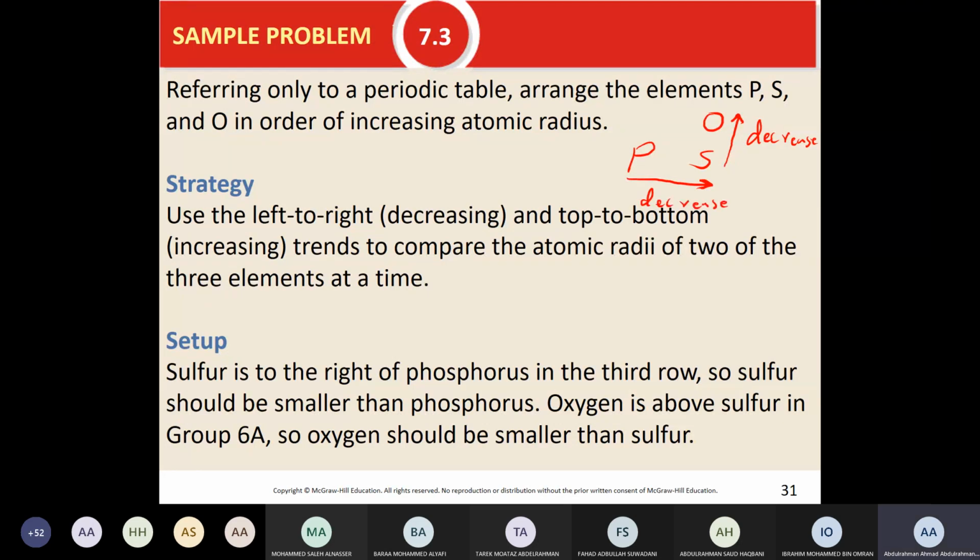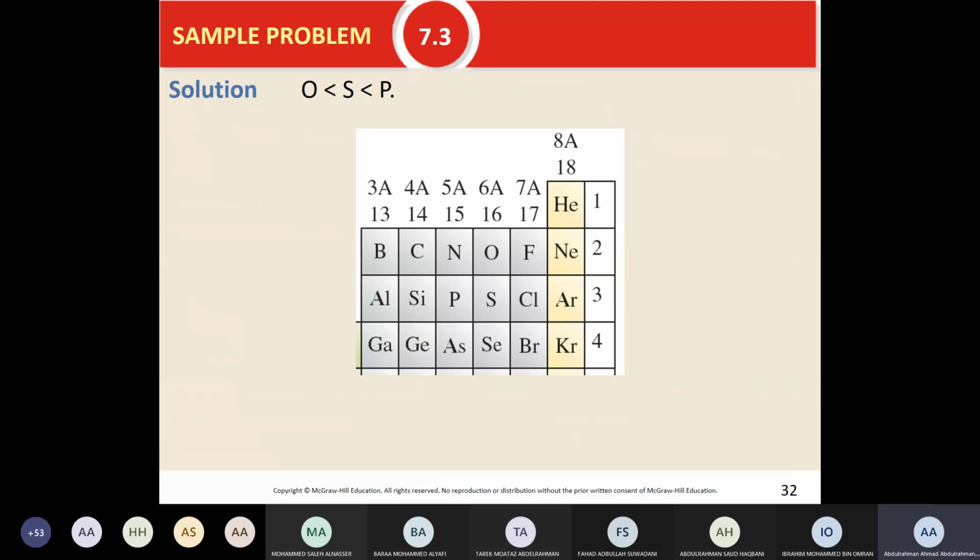Exactly. Okay, so which one is the smallest among these three? Oxygen. And next, which one is just below? Sulfur. No, it's the other one. So this one, and then next, phosphorus is the biggest, largest. Good. We went over this last time.